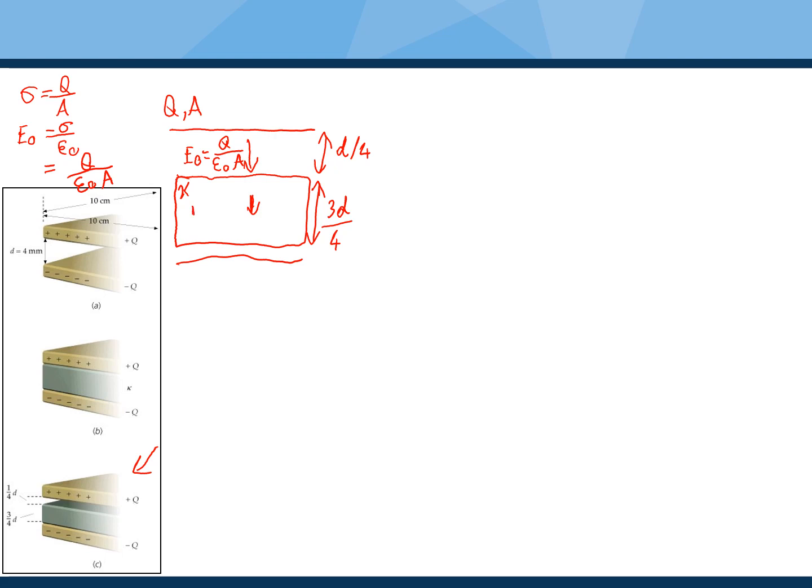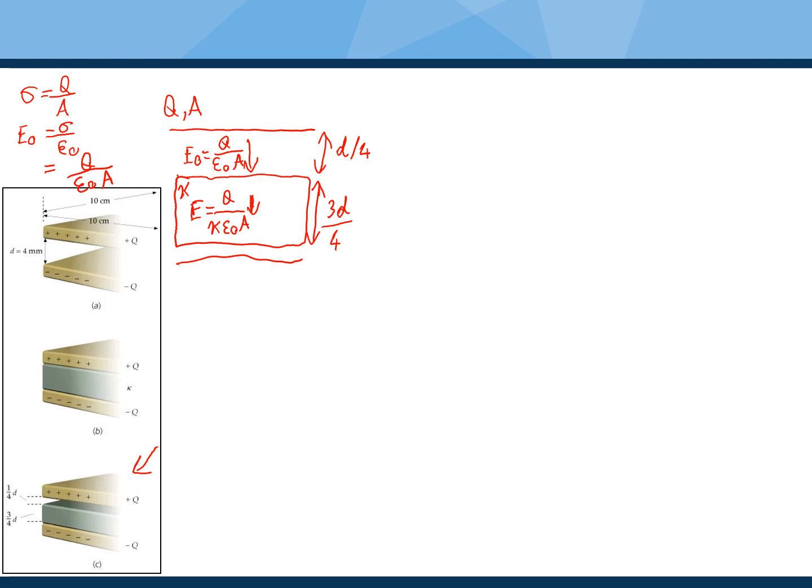The electric field in this region is just given by E0 divided by kappa, which is Q divided by kappa times epsilon naught times A in the denominator. So we now have a very clear understanding of the electric fields both in the vacuum region and in the region that is filled with the dielectric.